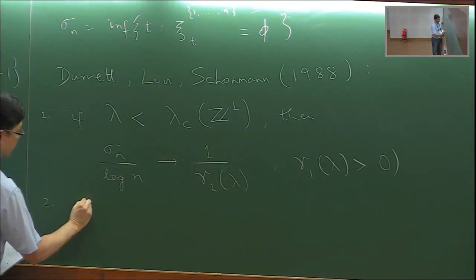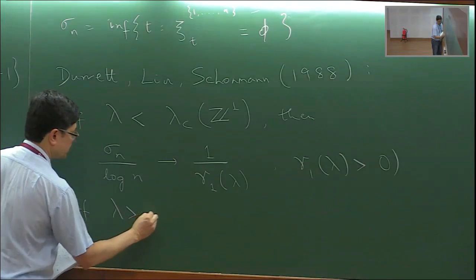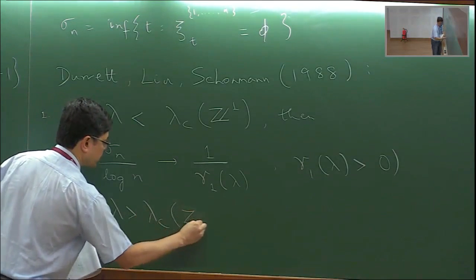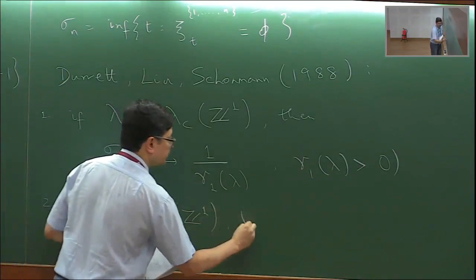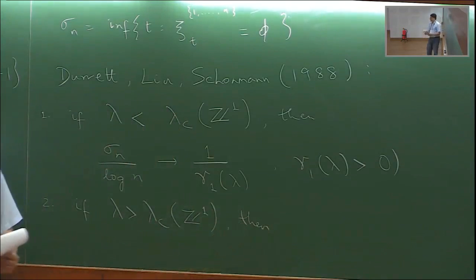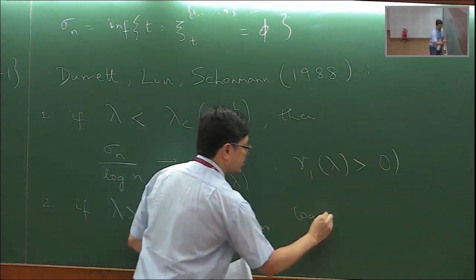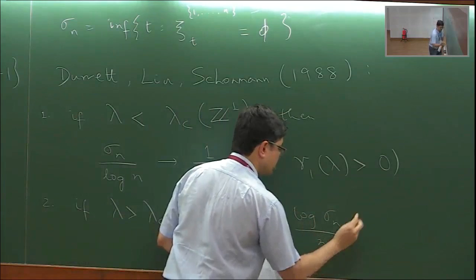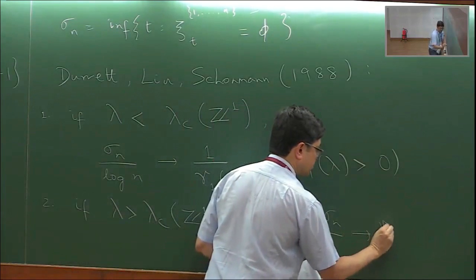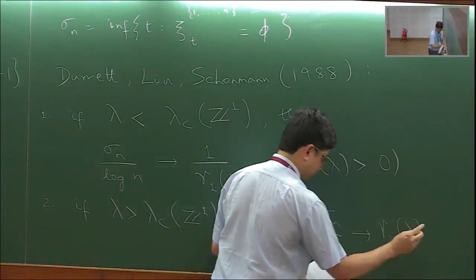And if lambda is bigger than lambda critical, then log sigma_n over n goes to some other constant gamma_2 of lambda.